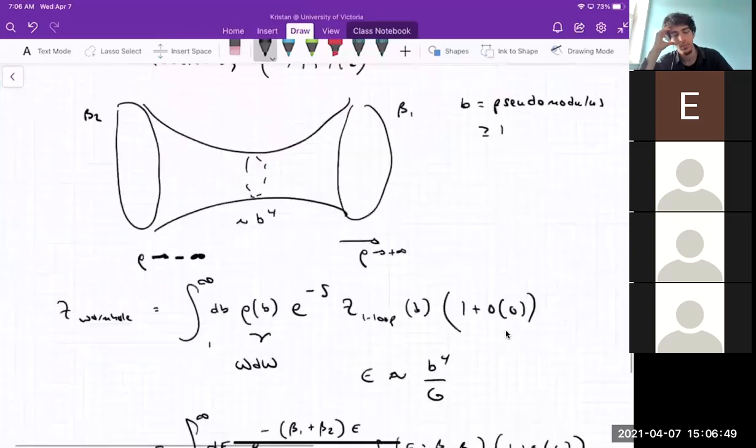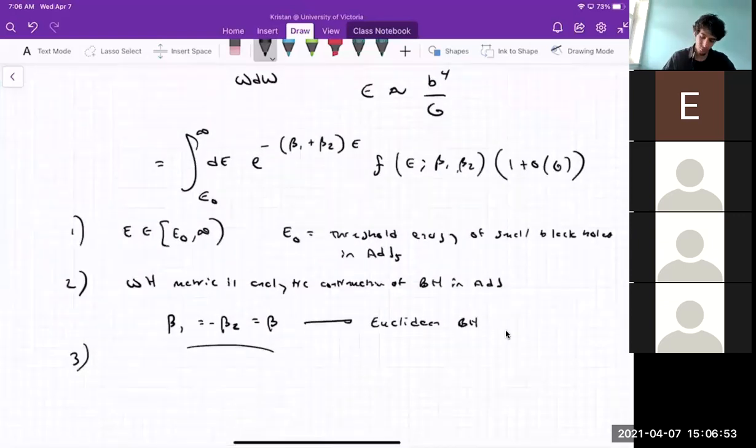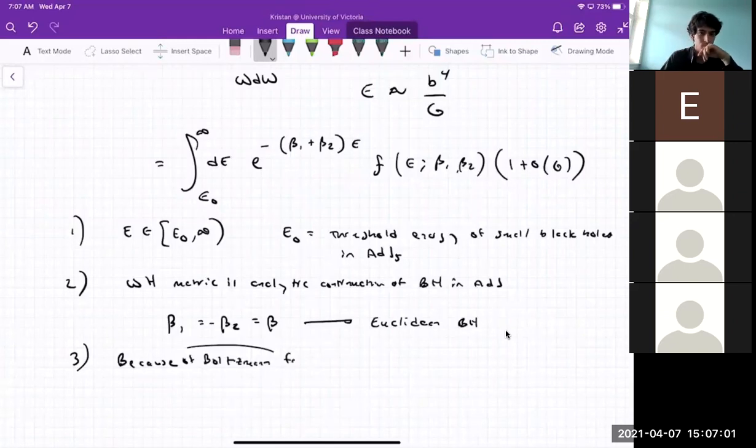Okay. The third observation to draw out is that, because of the Boltzmann factor, and the fact that the thing multiplying it, the effective density of states in this integral, is coming from one loop effects, this integral is necessarily dominated by small energies, not macroscopic ones.